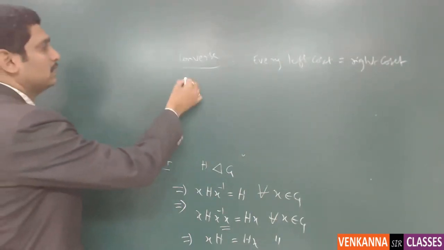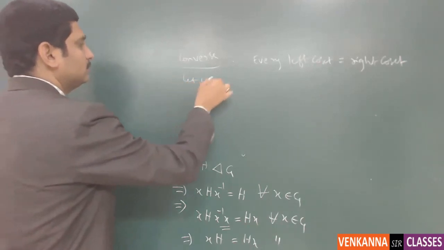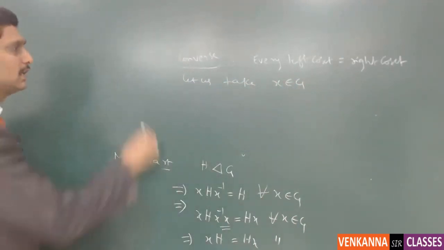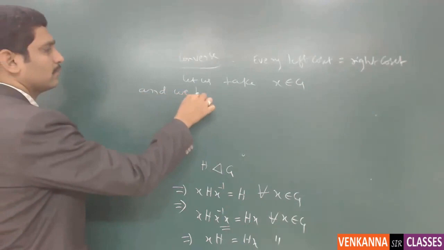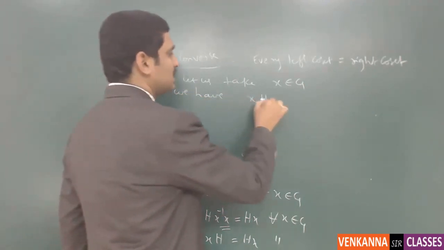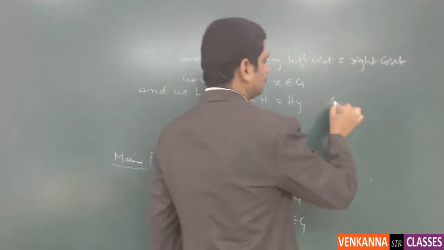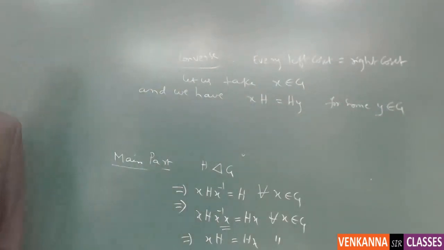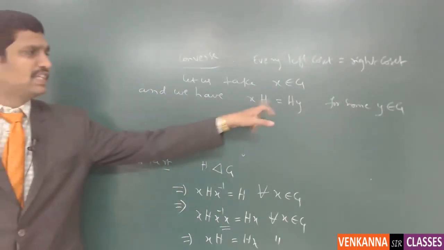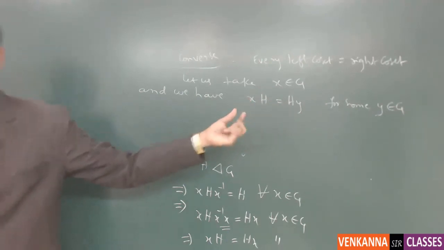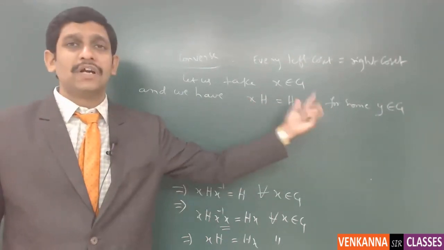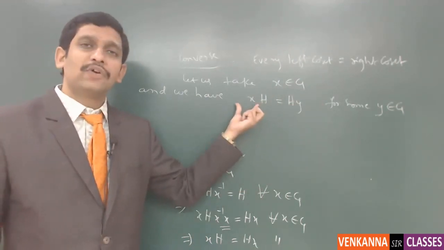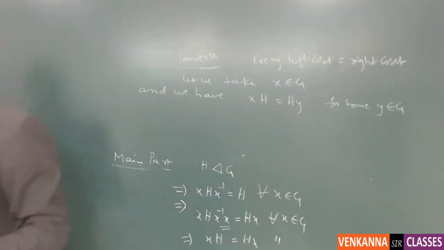Now let us take x belongs to G, and we have xH equal to Hy. Because every left coset is equal to a right coset. We don't know whether xH equals the same right coset or another right coset. So as per the assumption considered, we are taking that the left coset equals a right coset.